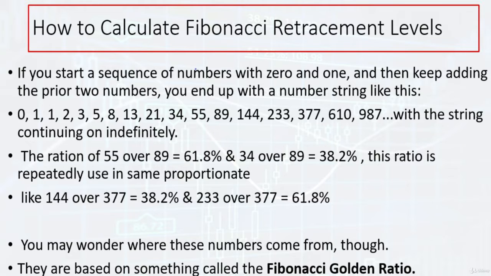You see the number 89 in this series. If we divide 55 by 89, the ratio is 61.8%. If we divide 34 over 89, the ratio is 38.2%. In any sequence series, if you divide the previous number by the new number, the ratio is 61.8 and 38.2.